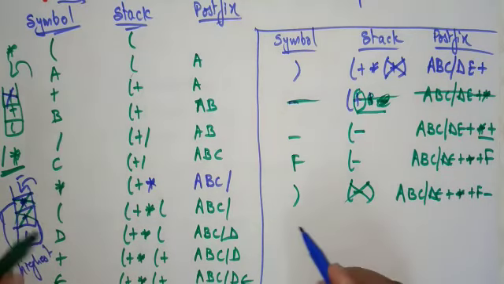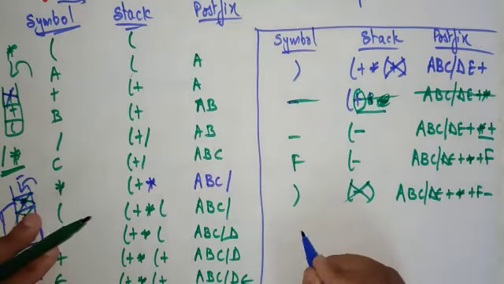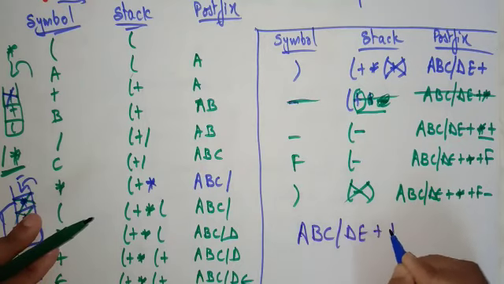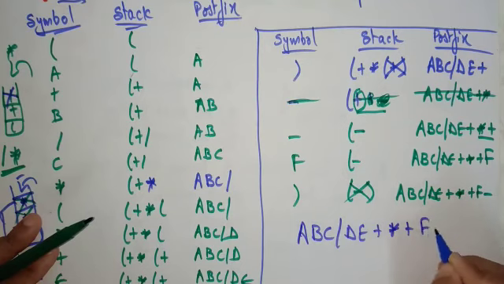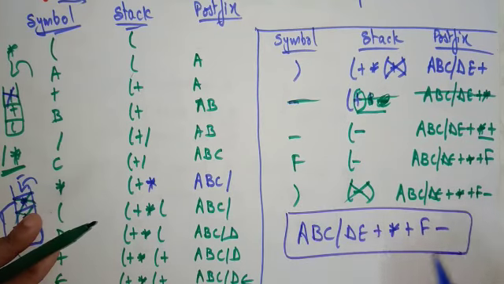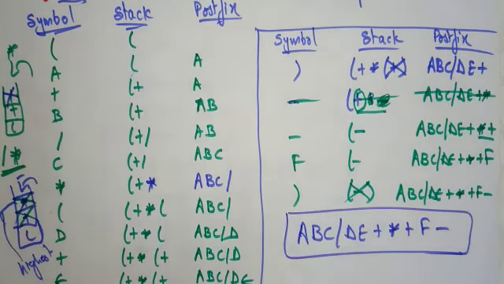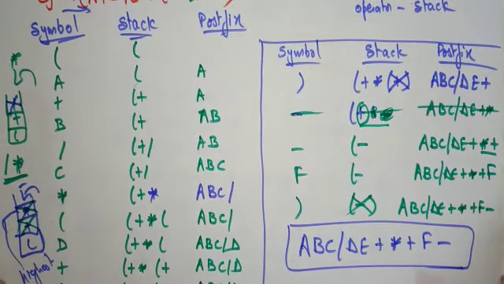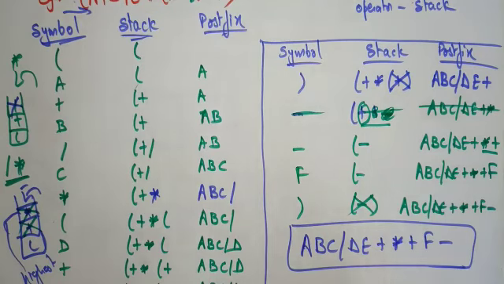The final postfix expression for the given infix expression is A, B, C, division, D, E, plus, star, plus, F, minus. Did you observe that all the operators come after the operands? This is how you convert an infix expression to a postfix expression. Thank you.